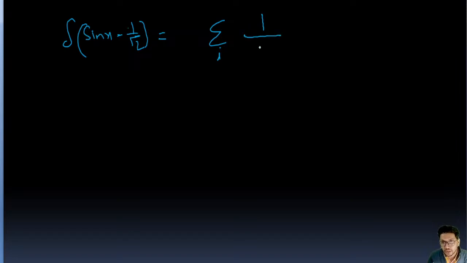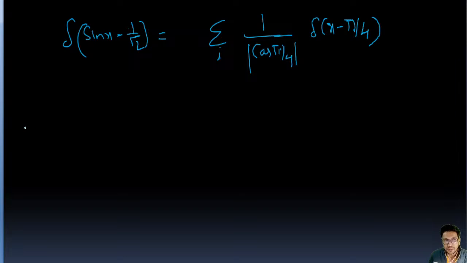The differentiation of sin is cos, at x_i equal to pi by 4, so cos pi by 4. The differentiation of the constant is 0. So mod of cos pi by 4 into delta of x minus pi by 4. Now we put the value.